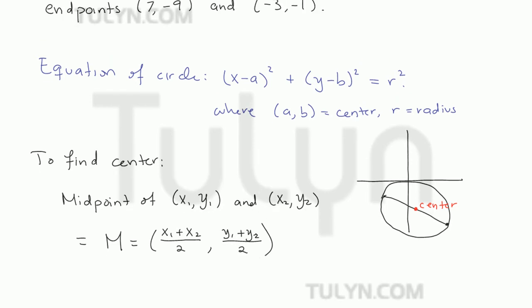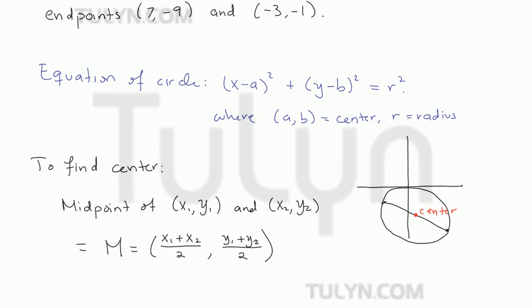Now, since our points are (7, -9) and (-3, -1), let's label our points. This will be our (x1, y1) and this will be our (x2, y2). So x1 plus x2 is 7 plus negative 3, which is just 7 minus 3, over 2.